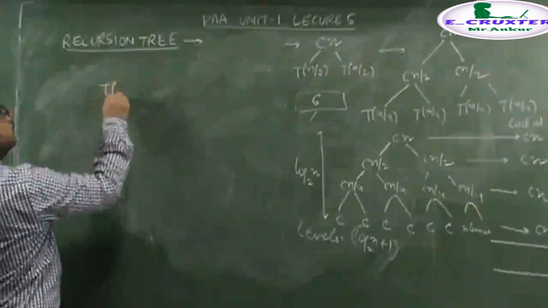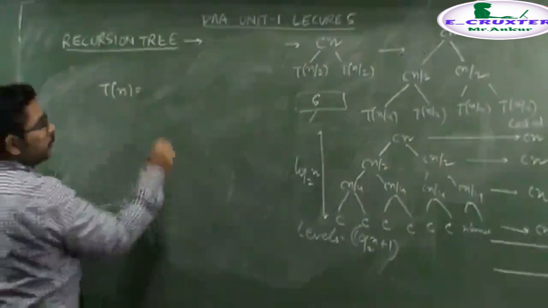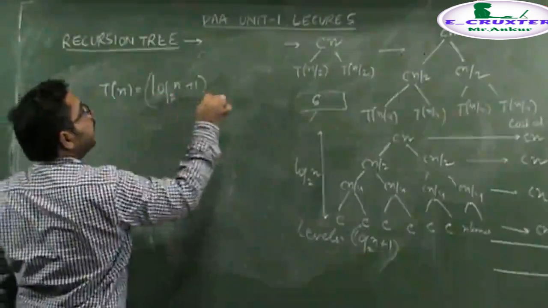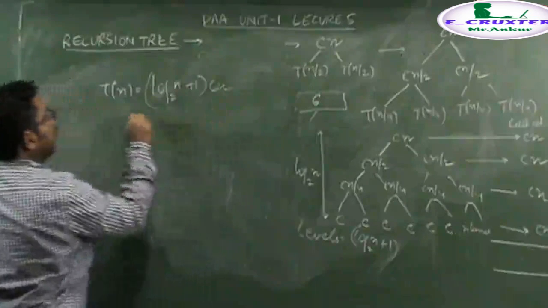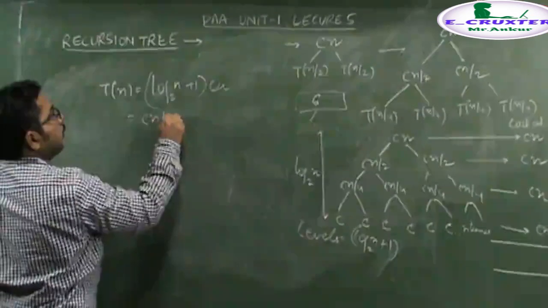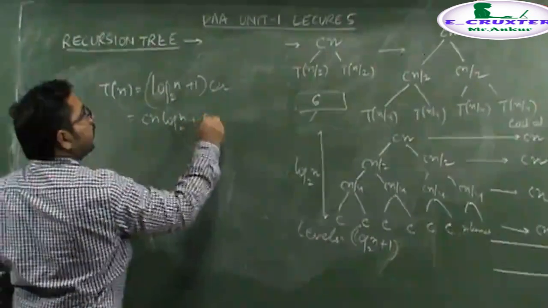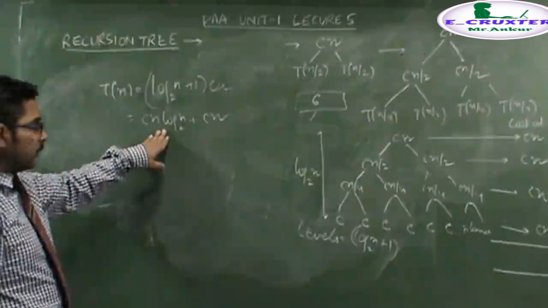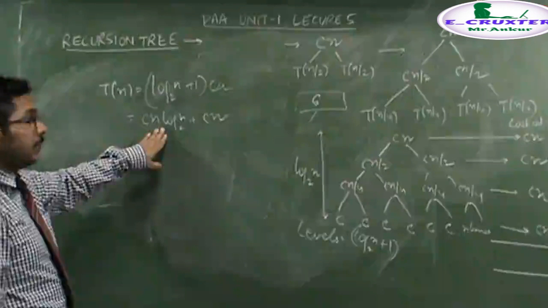T of n is equal to log base 2 of n plus 1 multiplied by C of n. When we solve it, it will be Cn log n base 2 plus C of n. Okay. For a large value of n, while we are writing the running time, what do we have to do?